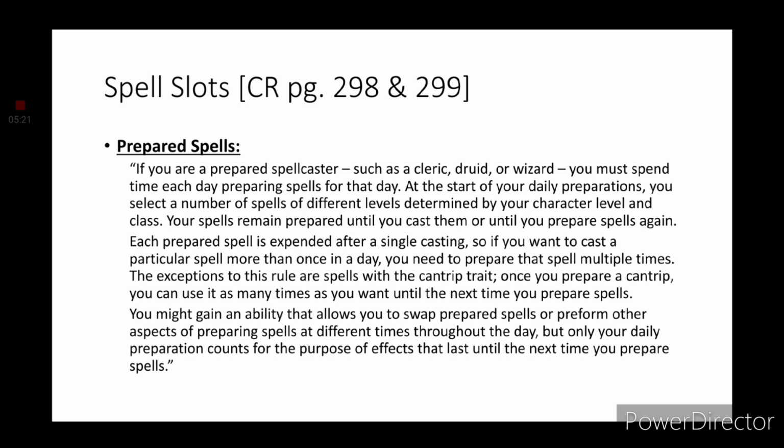In all honesty, I kind of like this. It means that you have a limit on what spells you're going to be using on that day. And this will give certain spellcasters, like the stereotypical wizard, the ability to choose exactly how many of what spell they want to use.